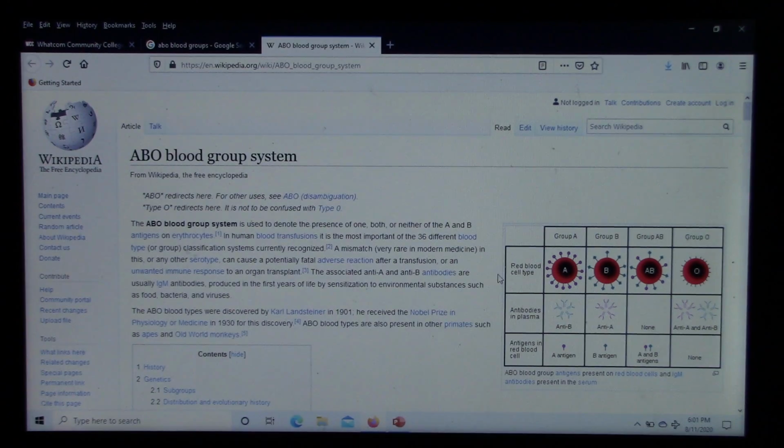So before this product called RhoGAM was developed, women who were Rh negative, who carried Rh positive fetuses, might only be able to have one healthy baby. Because the second one, the anti-D is small enough to go across the placenta.